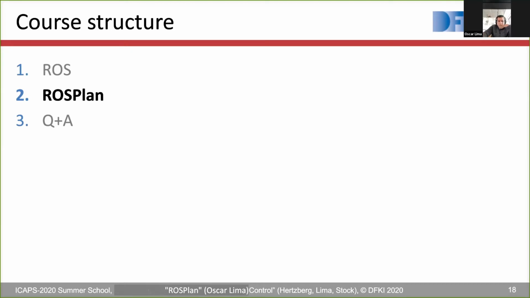Oh, a question. Are there alternatives to ROS? Yes, of course, there are many. I think I heard about other robot middlewares such as YARP. Here at the FKI, we actually have our own middleware, which is called ROC.